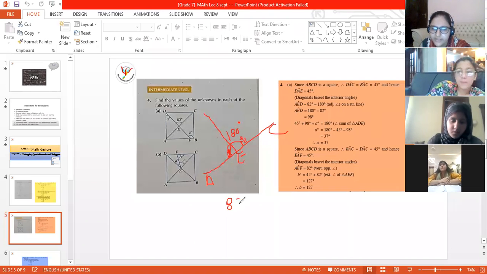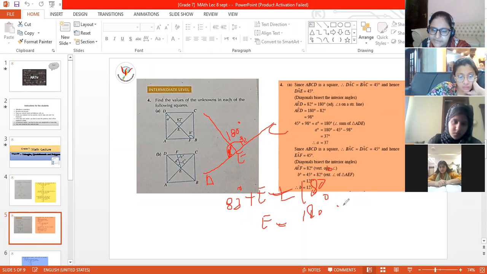So I will write 82 degrees plus E is equal to 180 degrees. E is equal to 180 degrees minus 82. What will be the answer? 180 degrees minus 82 degrees is 98 degrees, which means that this part is equal to 98 degrees.